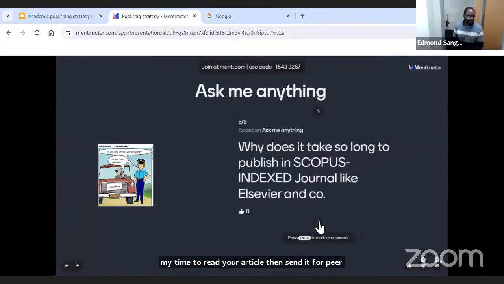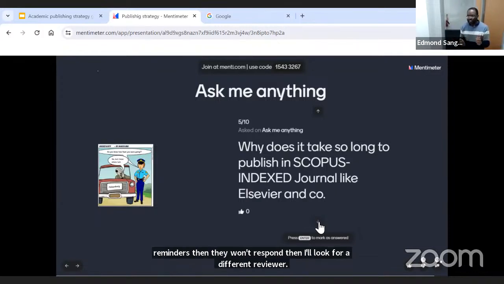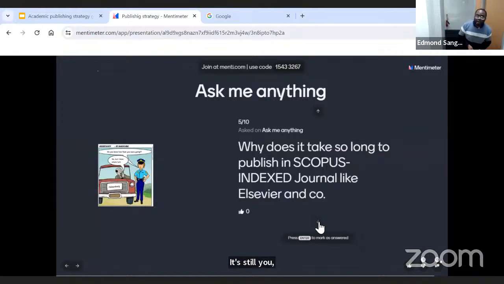Then I send that research article to peer review, and reviewers can not respond. If they don't respond, I will know after 3 weeks that the reviewer has not responded. Then I would send reminders, then they won't respond. Then I'll look for a different reviewer. It's still you as a researcher paying for that process, that a reviewer is not responding, or a reviewer declines after 3 weeks.